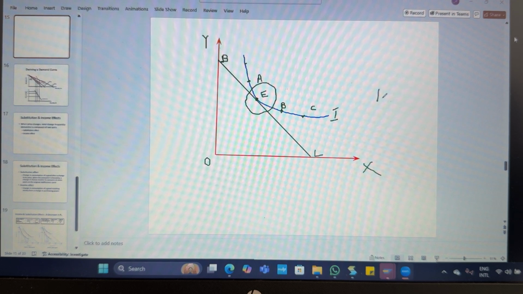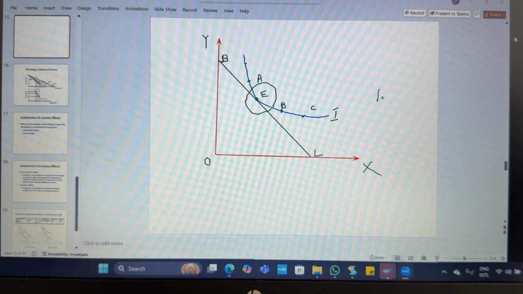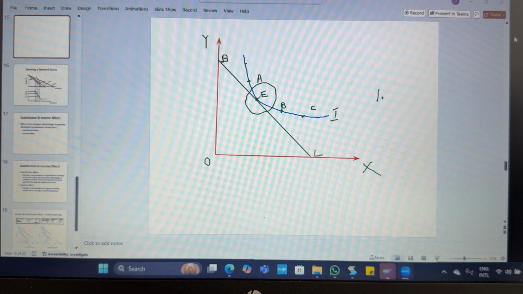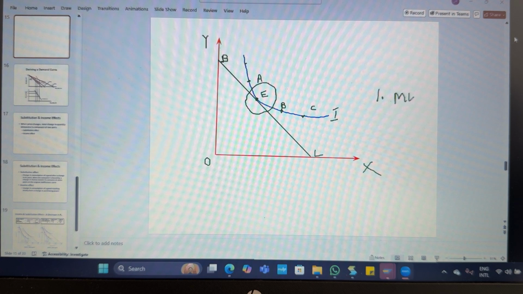Number one, at point E, technically the slopes of the two curves are equal. The slope of the indifference curve we already know. This is the slope of the indifference curve. This is equal to what? Px divided by Py. Yeah, the price ratio, which is the slope of the budget line.